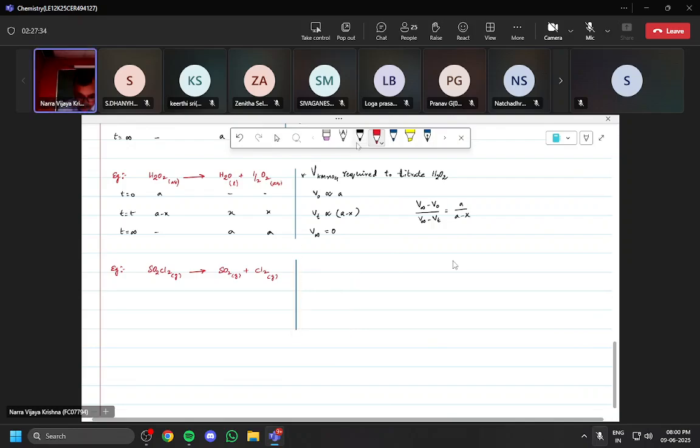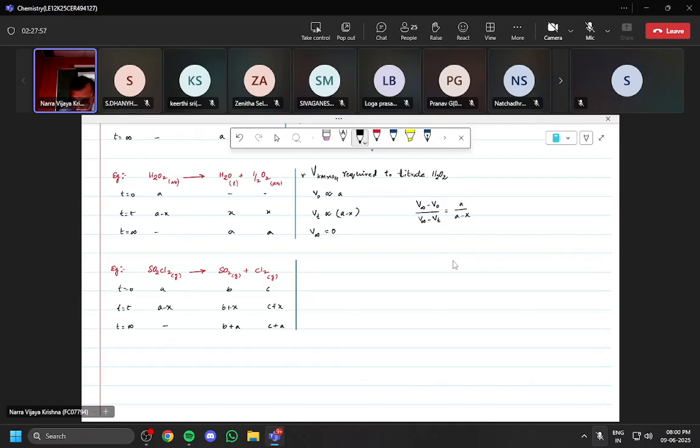Initially, let it be A, this is B, this is C. When time t equal to t, let it be A minus X, then this becomes B plus X, C plus X. At time t equal to infinite, not there, B plus A, C plus A.